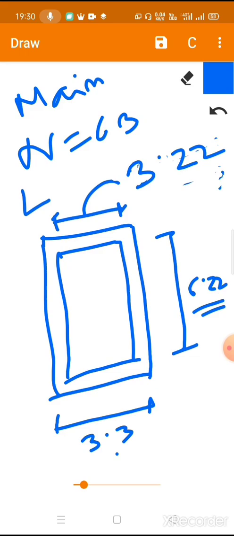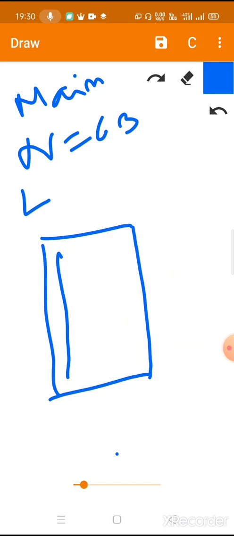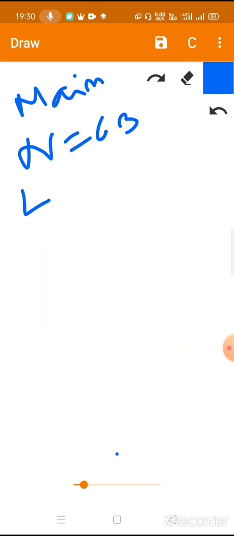But if we look at it from the top, the length becomes 3.22, but it is more than 3.22 because it is cranked like this. If we look at the bar, how it is provided? It is provided like this, cranked.